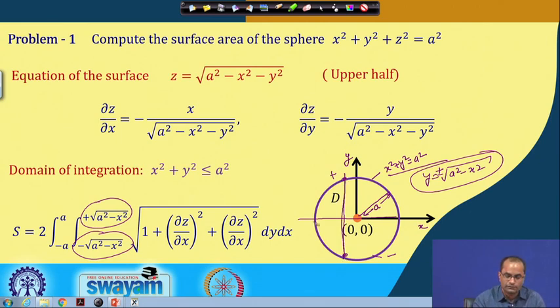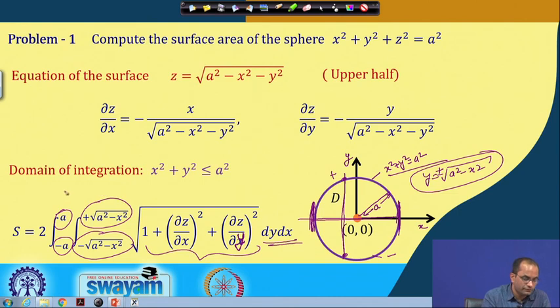And then in the direction of x, we are moving from minus a to plus a. So, minus a to plus a, and then this integrand which is square root of 1 plus zx whole square plus zy whole square, and then dy dx.